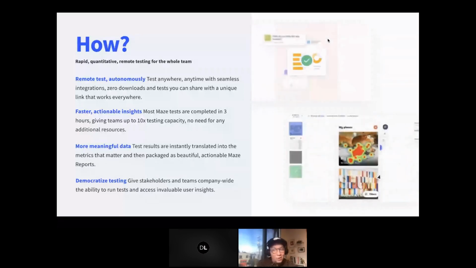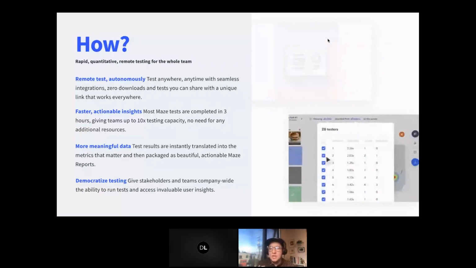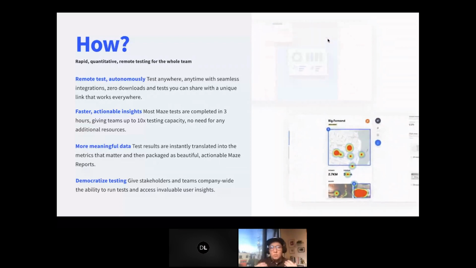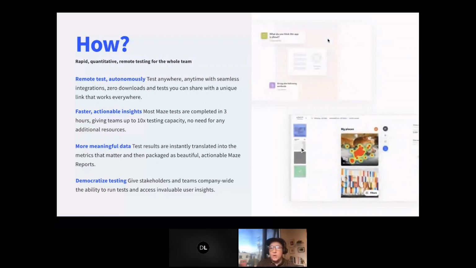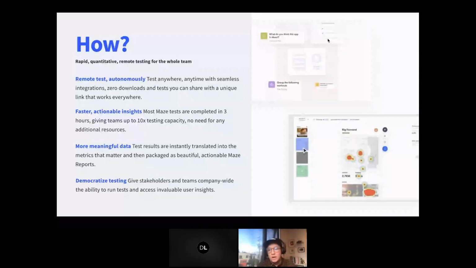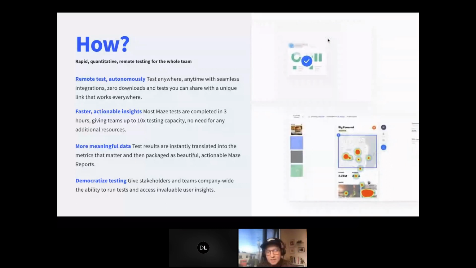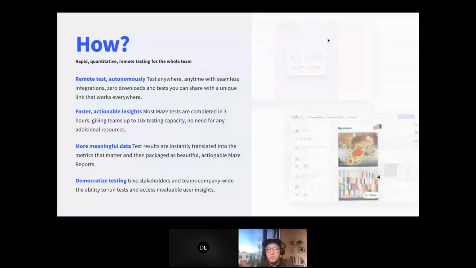And so now, with that being removed from the equation, we really can't get in front of our users in the same kind of face-to-face environment that we could at a former point. Remote testing in an autonomous environment is critical, that we're able to test anywhere and anytime across a seamless process to be able to really understand and engage with those users.